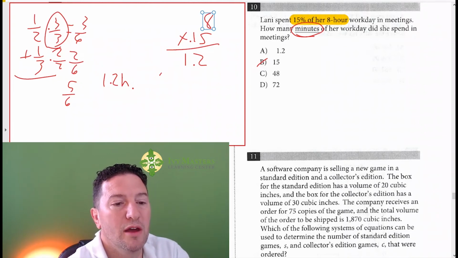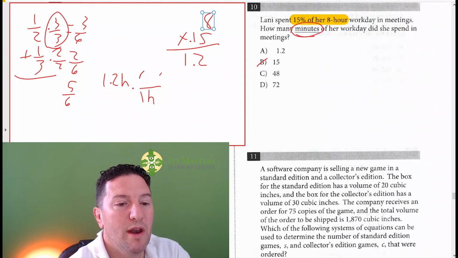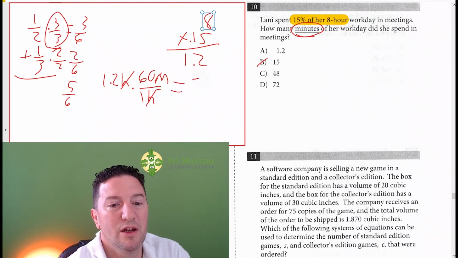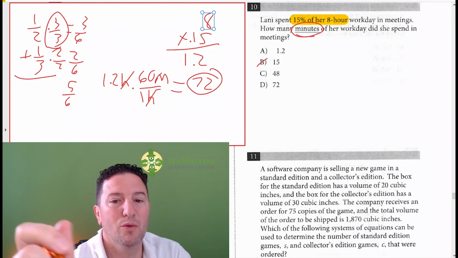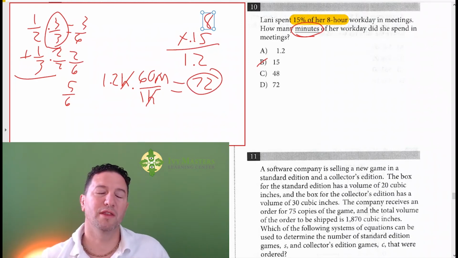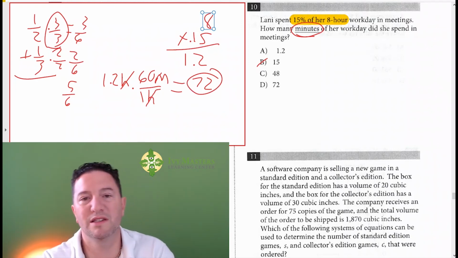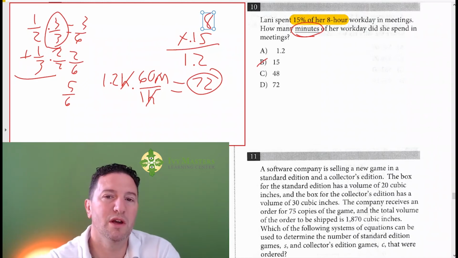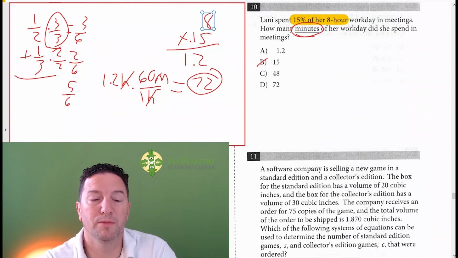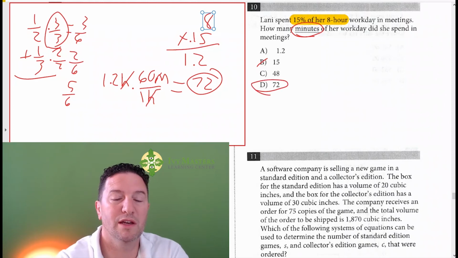So I've got to have my conversion 1 hour on the bottom. And 1 hour equals 60 minutes. And now the H's cancel. And once again, I get 1.2 times 60, which gives me 72. Either way, if I just knew that I multiply 1.2 by 60, I get that 72. If setting it up like stoichiometry helps you out, then so be it. Your correct answer is D.